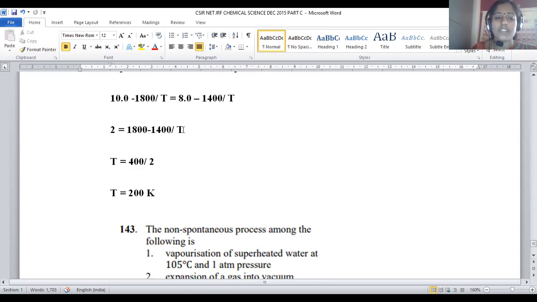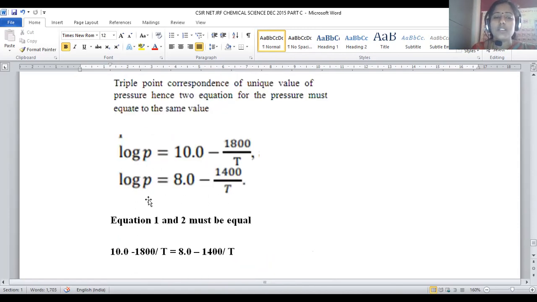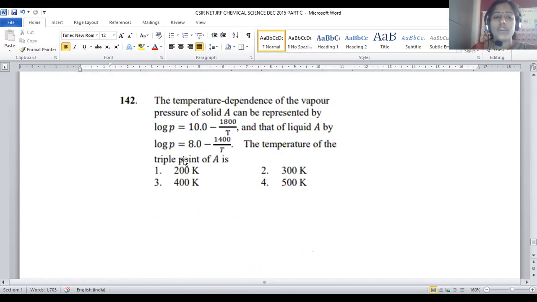We only need to predict the temperature, so temperature is equal to 1800 minus 1400 by 2. The difference will be 400 by 2, which is nothing but 200 Kelvin. So here the triple point can coexist at 200 Kelvin.